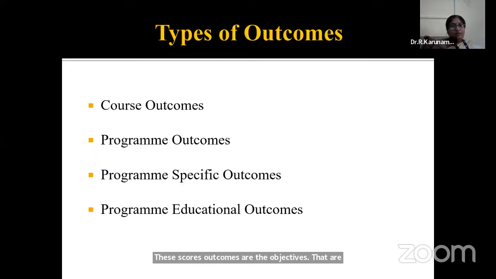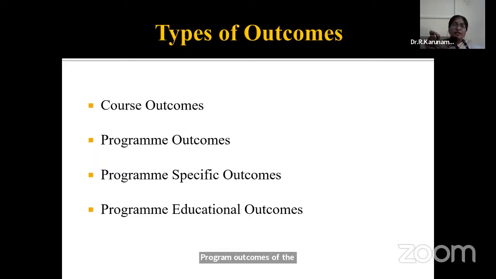These are the elements of technical or soft skills that each student must acquire prior to the completion of the specific course, specific subject, paper, whatever it is. Course outcome is designed to support and be measurable against POs. Course outcomes are supposed to be mapped with program outcomes of the particular program.